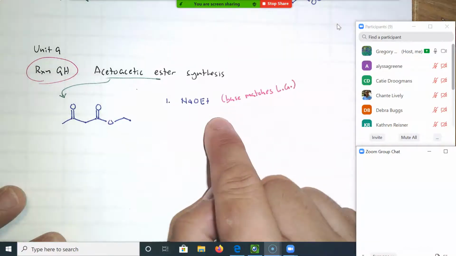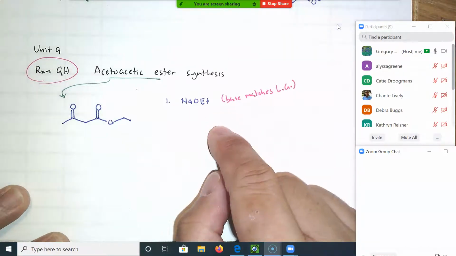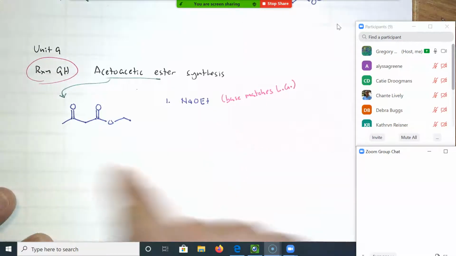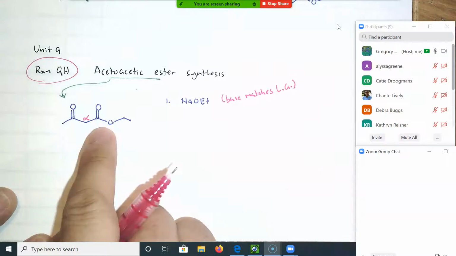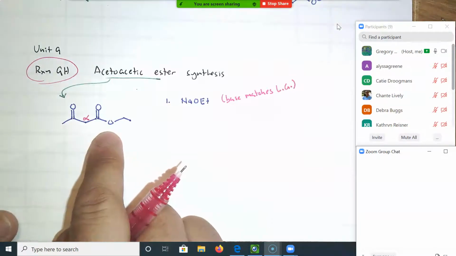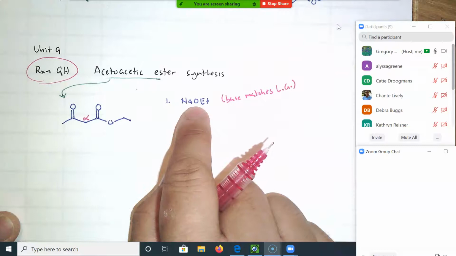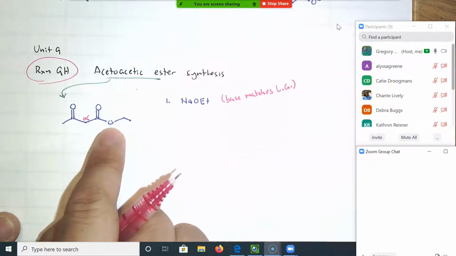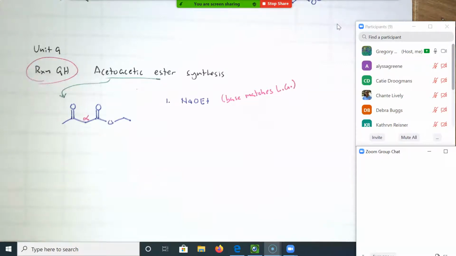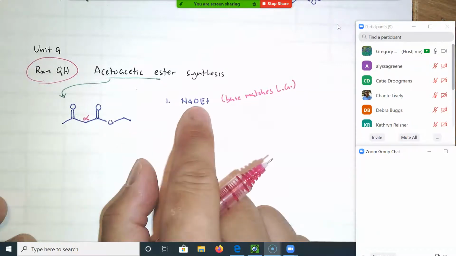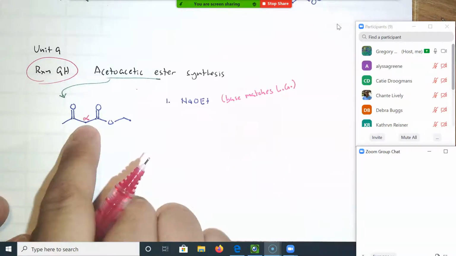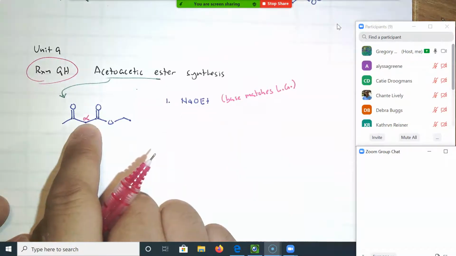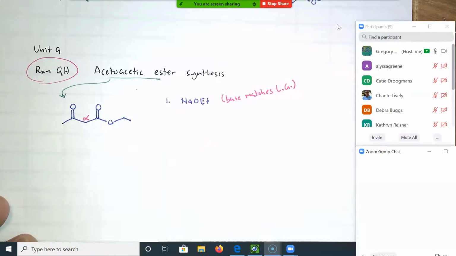This harkens back to the Claisen, where we have an ester and we want to deprotonate the alpha carbon, but we don't want to have exchange. Or if we do have exchange, can you imagine what happens with exchange here? The O-ethyl will replace the O-ethyl. So there's no change, right? But sometimes the O-ethyl will rip off this hydrogen, and you get an anion. So that's what the first reaction is doing.